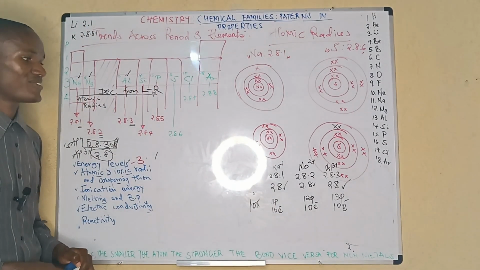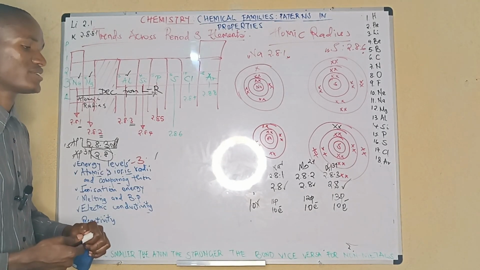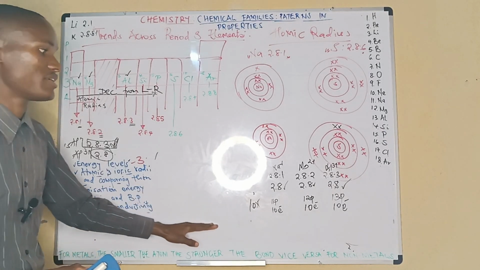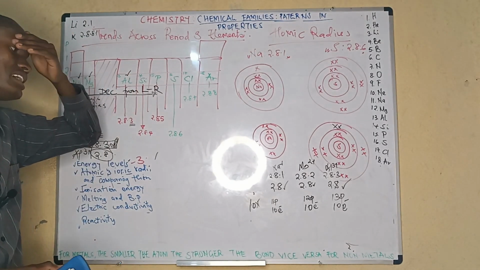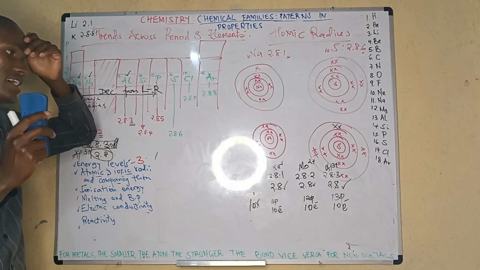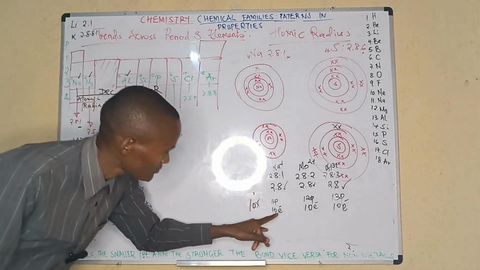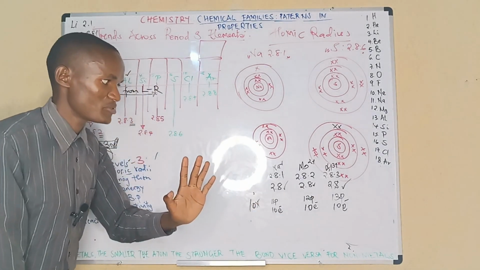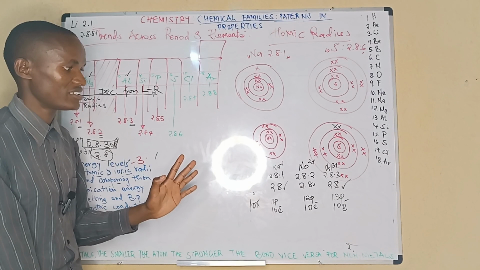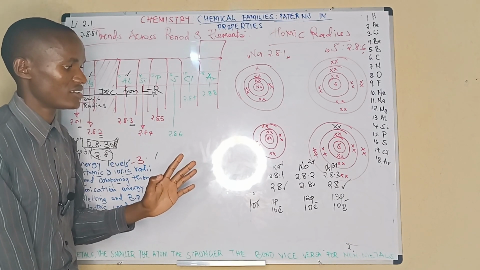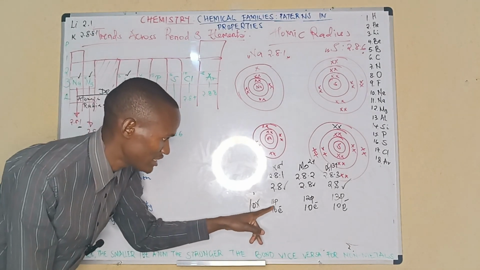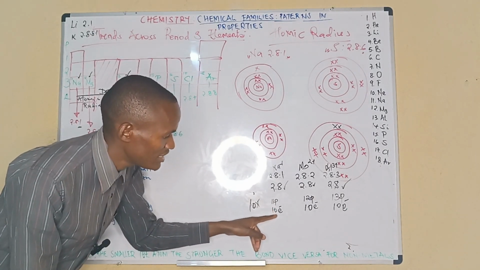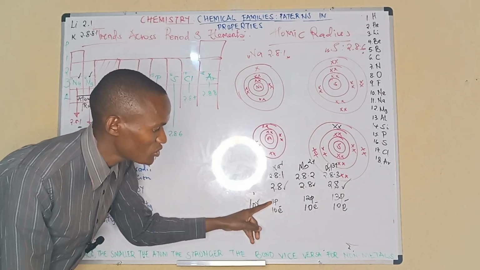Now, what we want is to check the trend in the ionic size. We just pick the first 3. Let us talk of the trend in the ionic radius. And here we'll be asking ourselves which one has more nuclear charge. We have this one: 10 electrons being pulled by 11 protons.